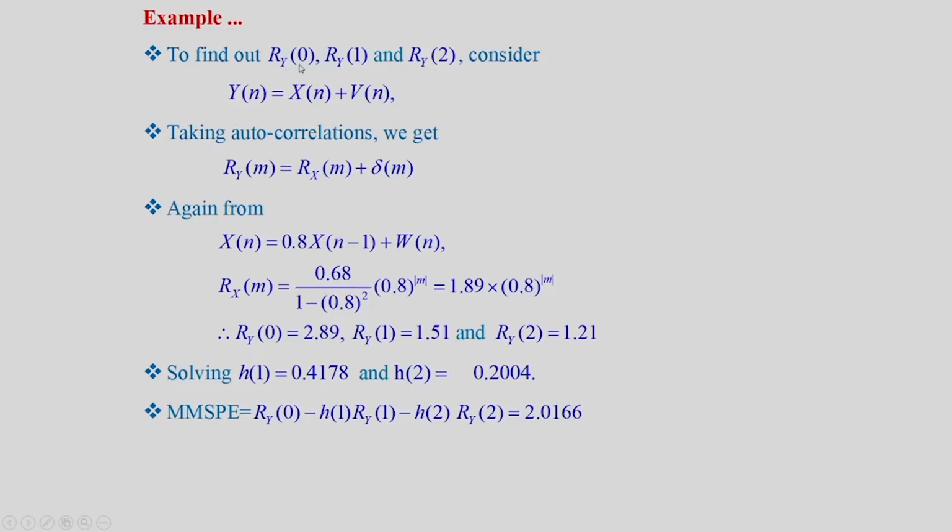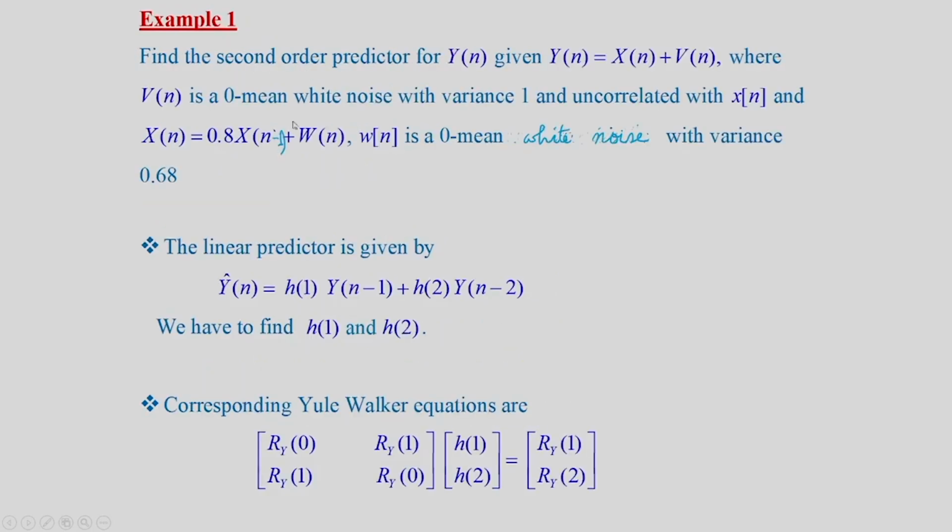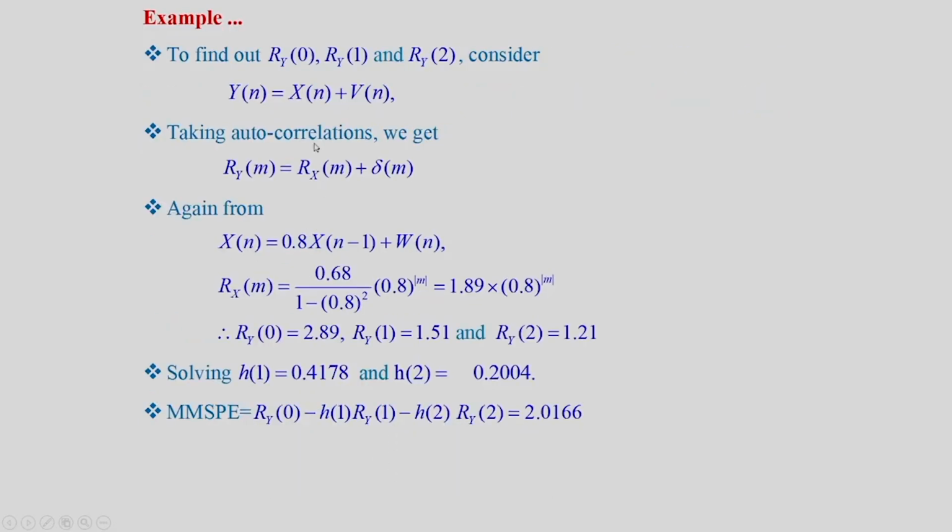Now, we have to find out ry0, ry1, ry1 and ry0. So, to find out ry0, ry1 and ry2, we consider this y n is equal to x n plus v n model, taking the autocorrelation as we showed earlier.